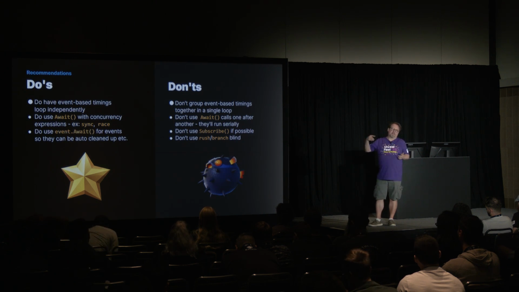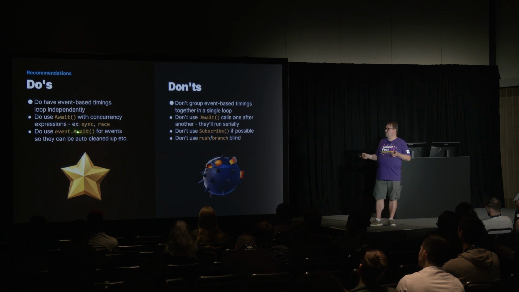So things will keep on triggering when you don't want them to, and you have to write a whole bunch more code. Whereas with the await, you don't really have to. You do often have to wrap it in a loop if you want it to keep on going, whereas a subscribe will keep on going. But still, I think if you get used to using await, it's generally more powerful and you can do more things with it. And it's easier to add on to.